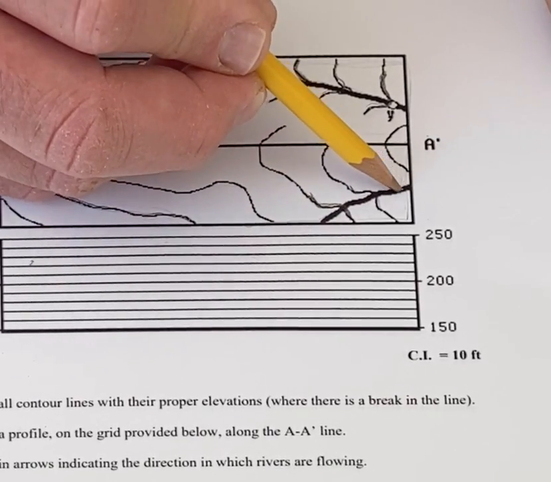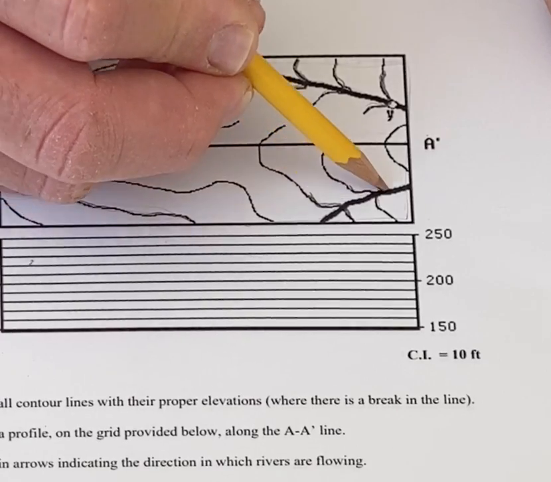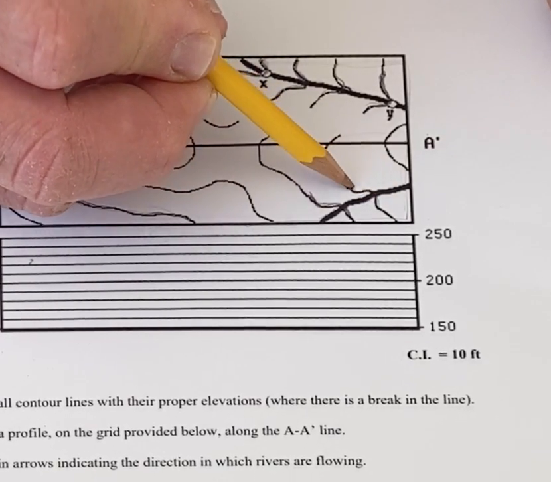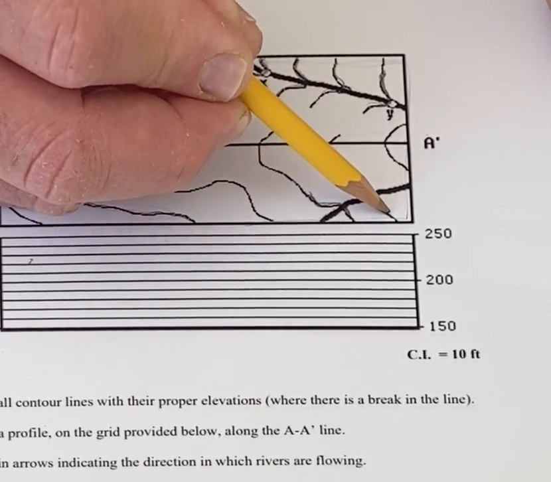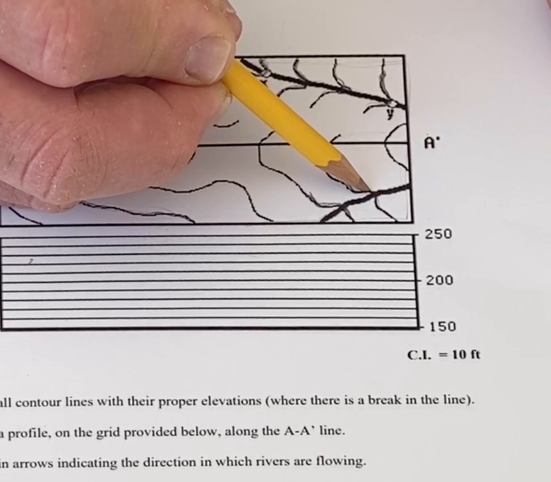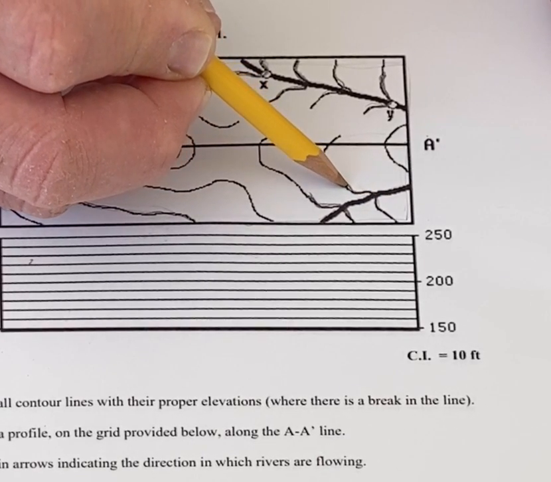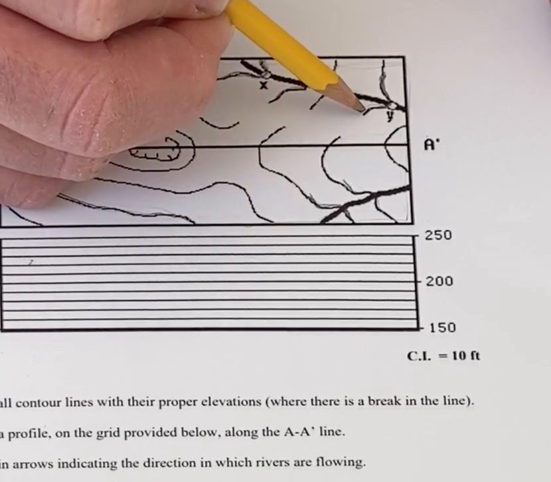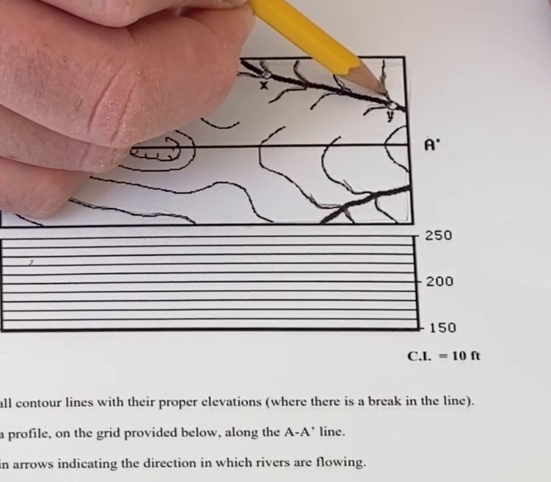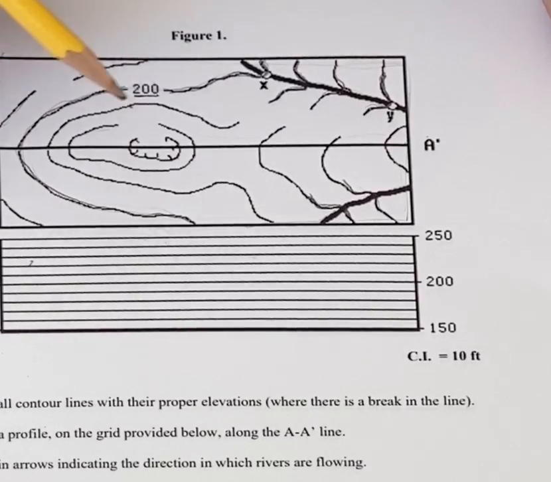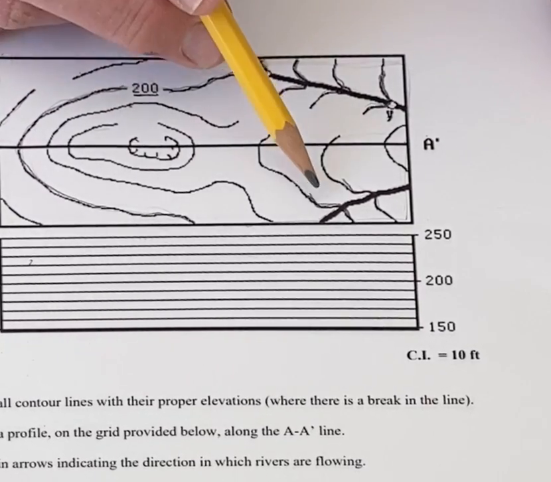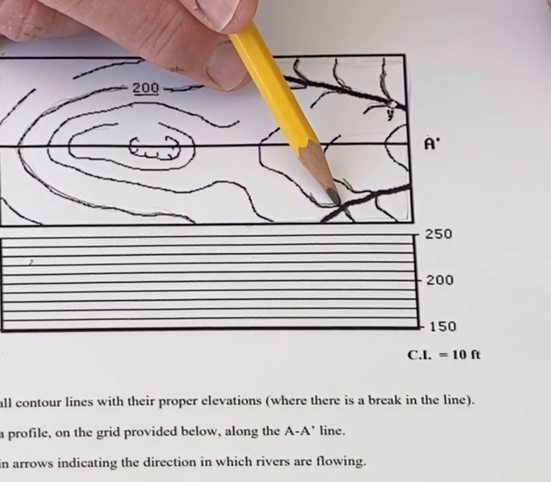If this is a river, we don't know which way it's flowing, but when this swoop in the contour line indicates that it is a peninsula or a valley, hopefully you figured out that it's going to indicate a valley or a canyon.